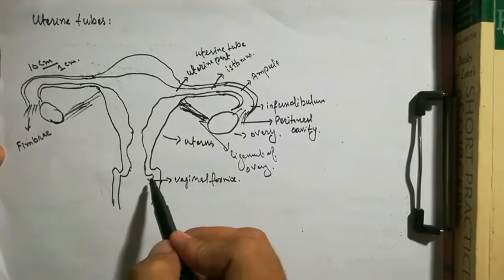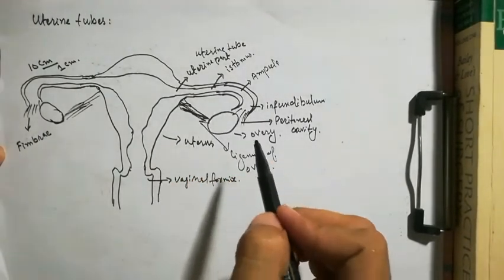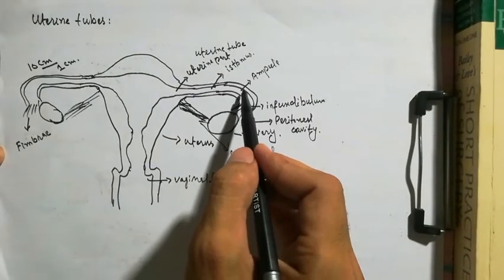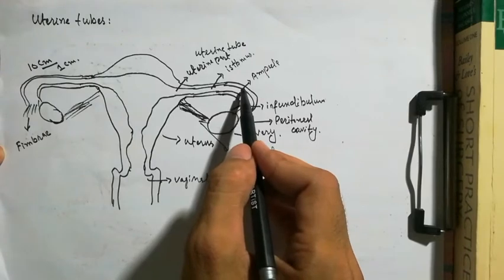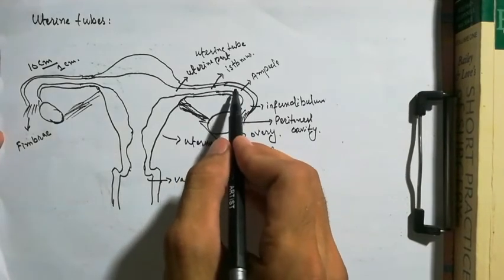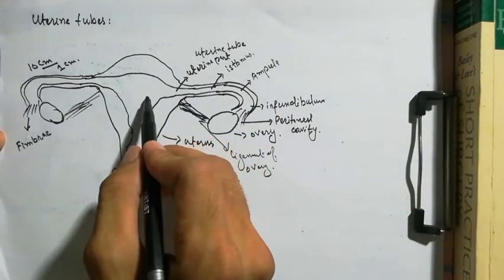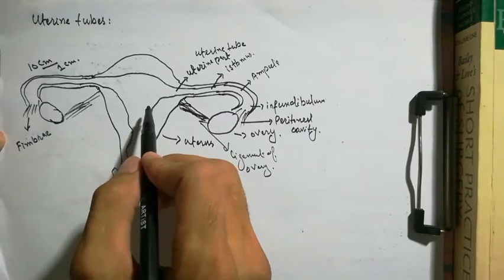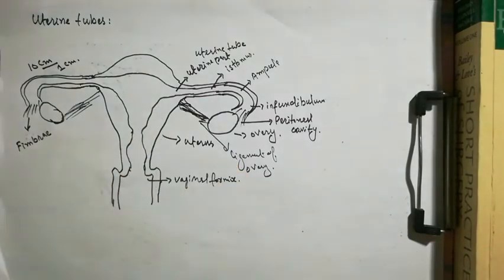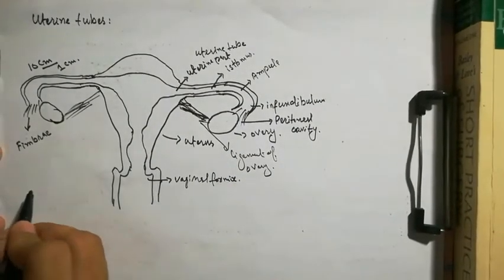Sperms from vaginal fornix and oocyte from ovary reach the ampulla part of uterine tube, where fertilization occurs, and then the dividing zygote enters the uterine cavity, and then implantation in the wall of uterus occurs.